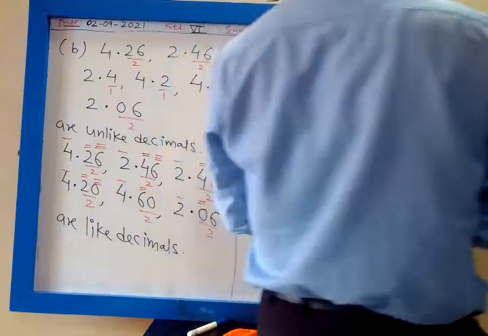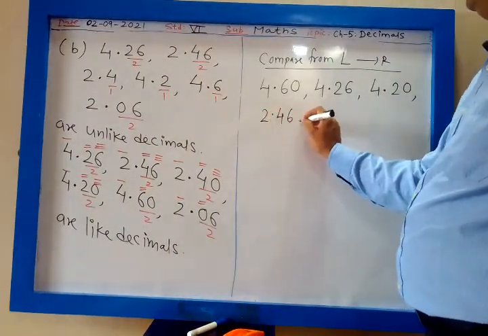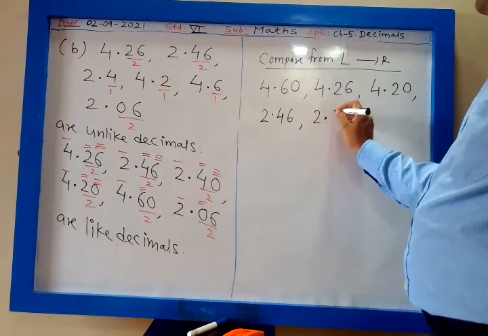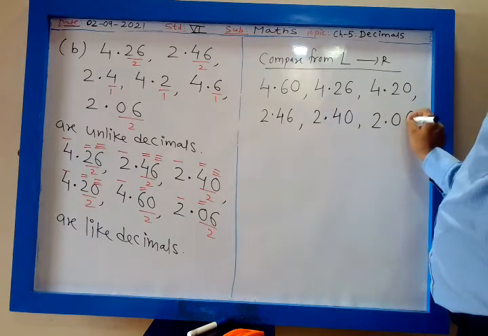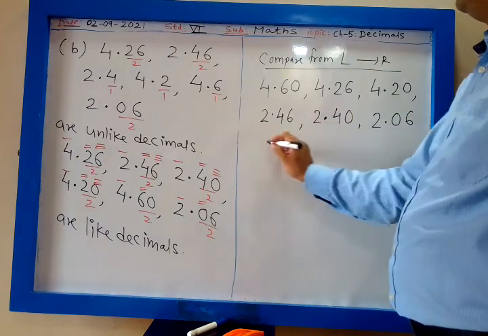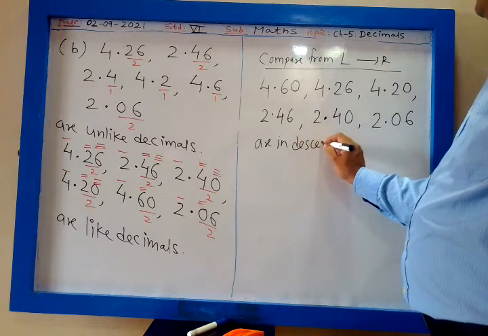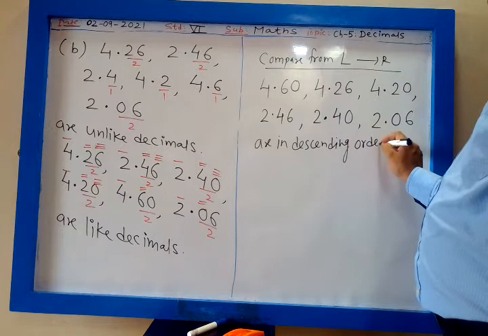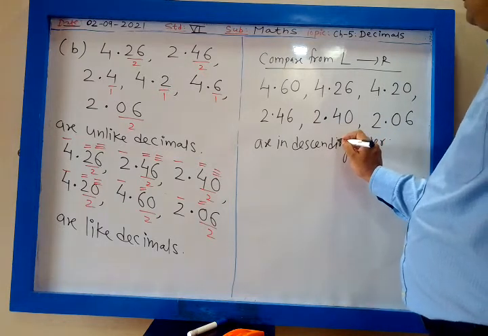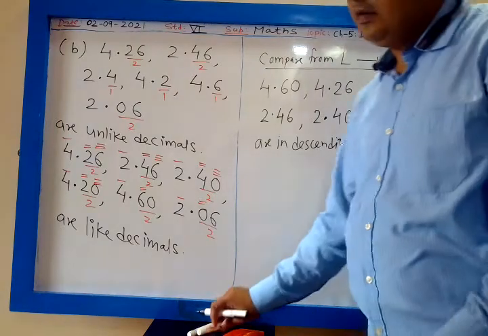So 2.46, then 2.40, then 2.06. Yes, they are in descending order. So first you convert them into like decimals, then you compare the digits from left to right.